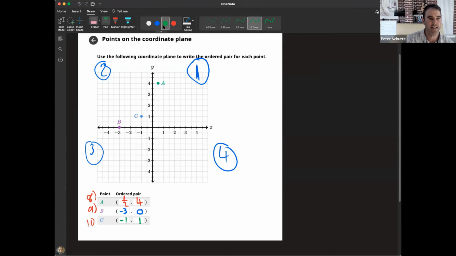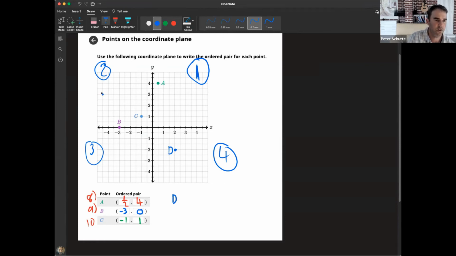And in fact, I'm going to add some more because I just feel like we need more practice. So I'm going to add a coordinate D, which is going to be over here. And I'd like you to give me the coordinates for that.